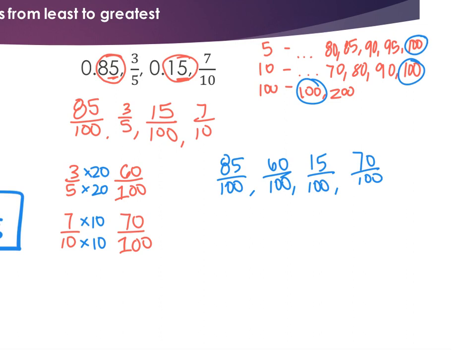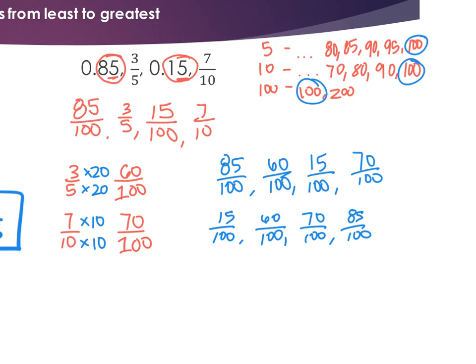If I want to write these in order from least to greatest, my first one is going to be 15 over 100, followed by 60 over 100, followed by 70 over 100, and last, 85 over 100. Is this my final answer?